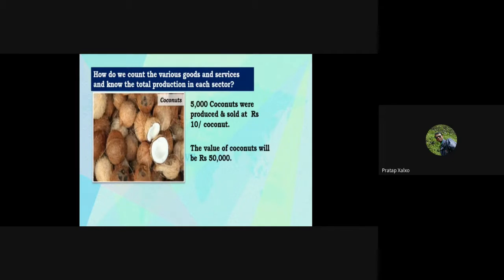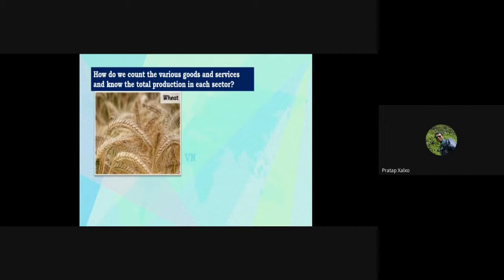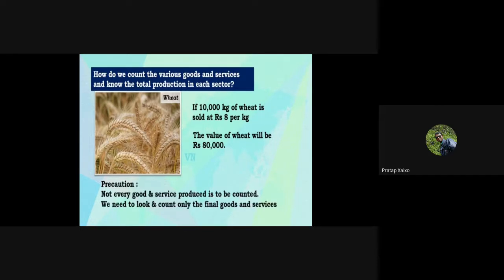Similarly, we have wheat and it is 10,000 kgs sold at a price of 8 rupees per kg. The value of wheat will be 80,000 rupees. So, we need to take precautions that not every good and service produced has to be counted. We need to look and count only the final goods and services.